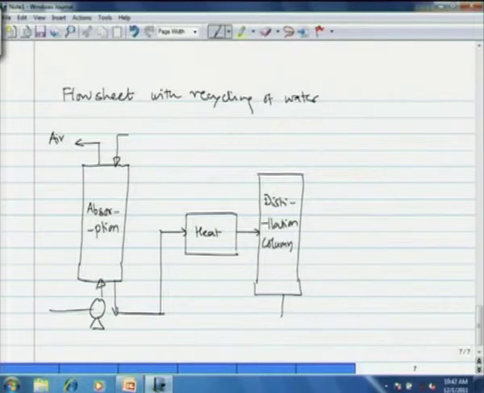Now, here at the outlet of distillation column, we have the recycling of water.